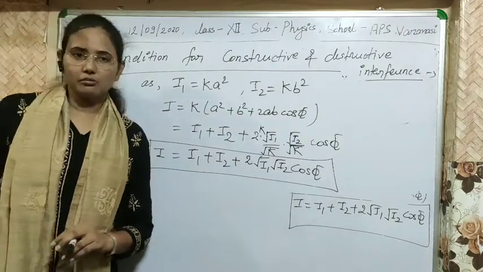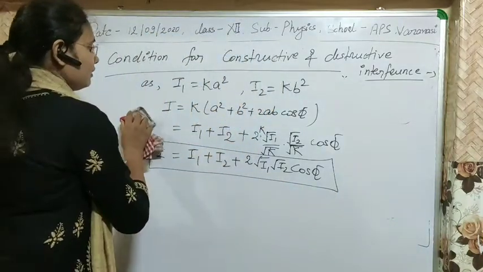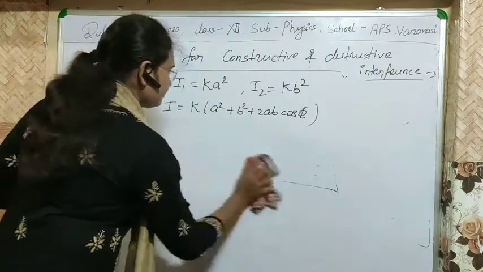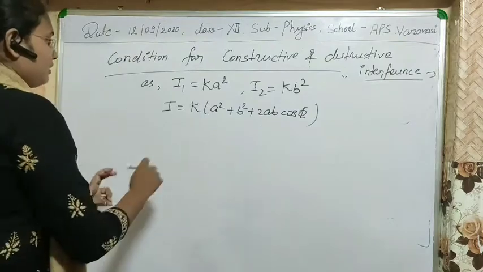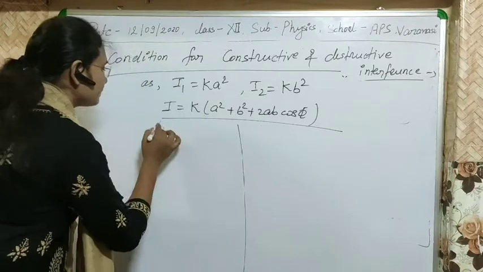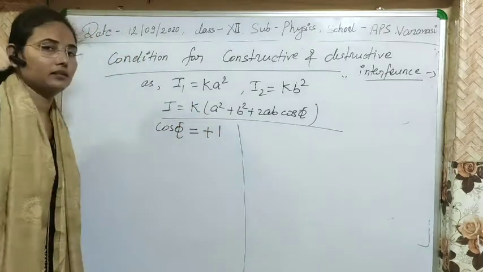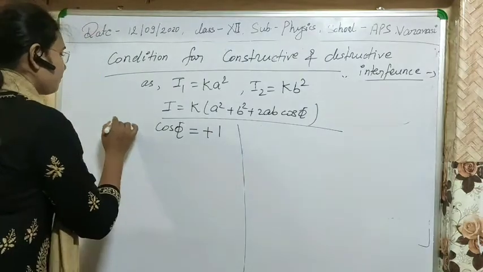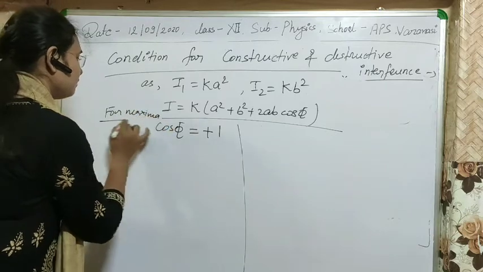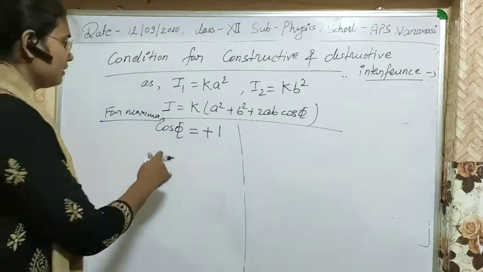So what will be the maximum intensity and minimum intensity? See this formula. As you know that for maximum intensity, cos phi must be plus 1. You can also write it for maxima. Maximum intensity is also called maxima in the case of interference.